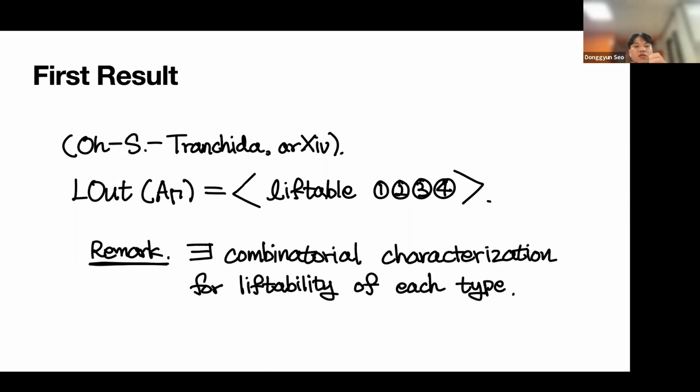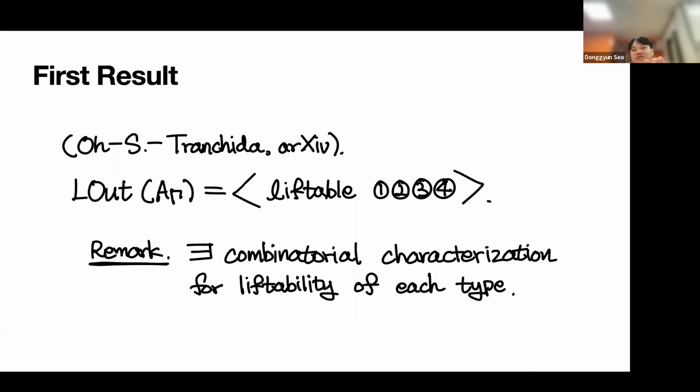Yeah. So as a remark, the liftable graph symmetry is very difficult. It is NP-hard in combinatorics. So we don't know what kind of graph symmetry is liftable.